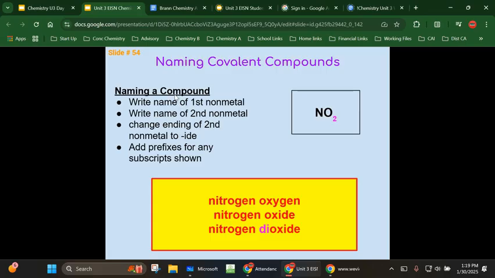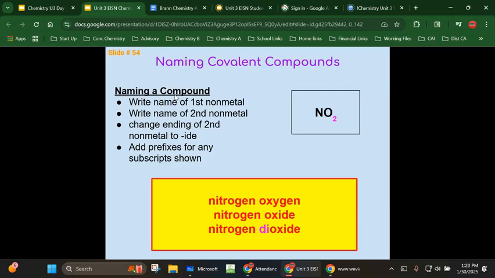Here's the good news, ladies and gentlemen. On a test, I'm not going to do this. I'm not going to go, what is this? Because what is this? Nitrite.